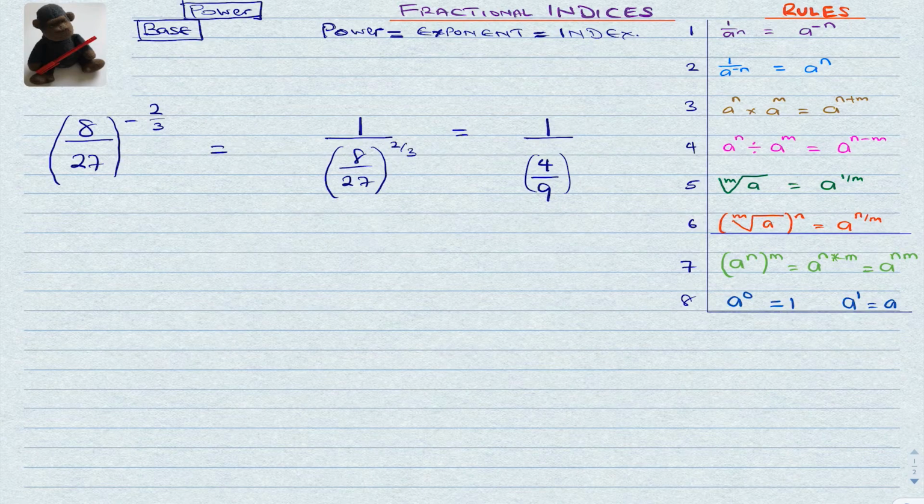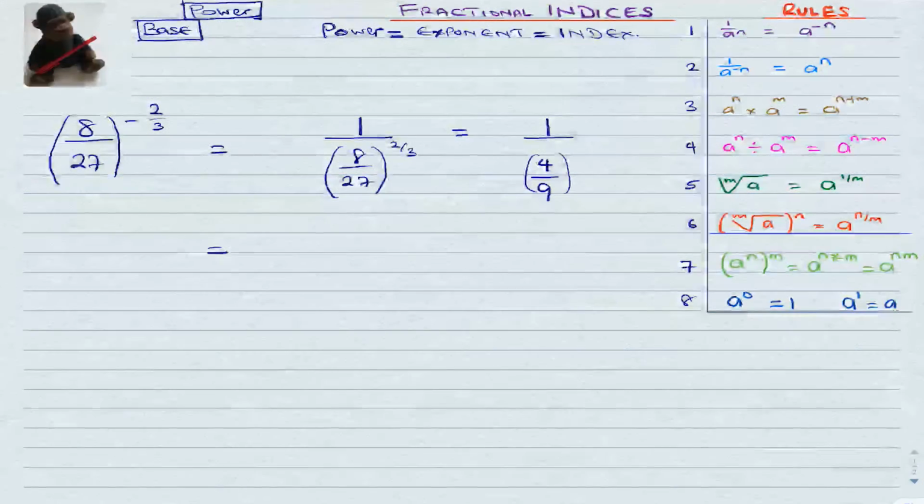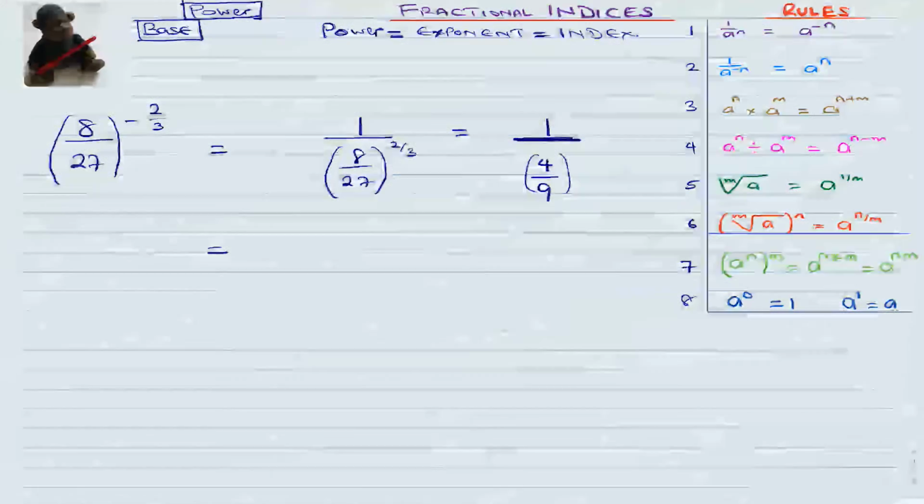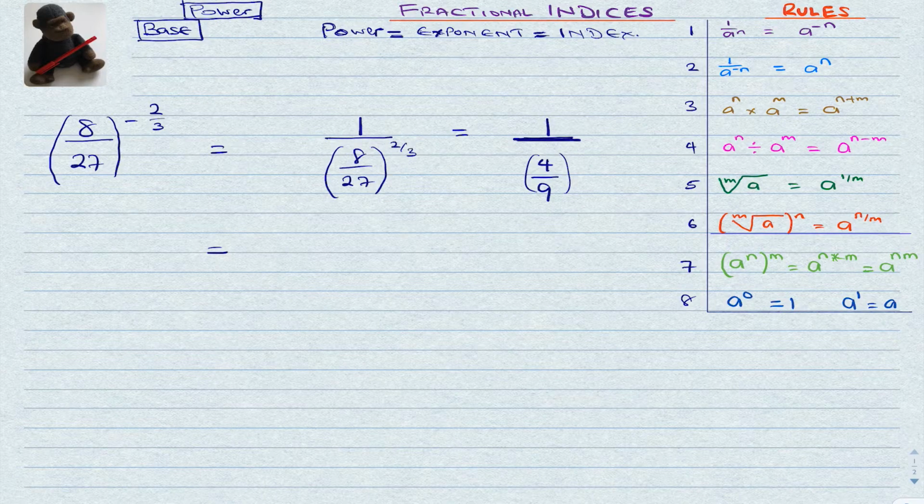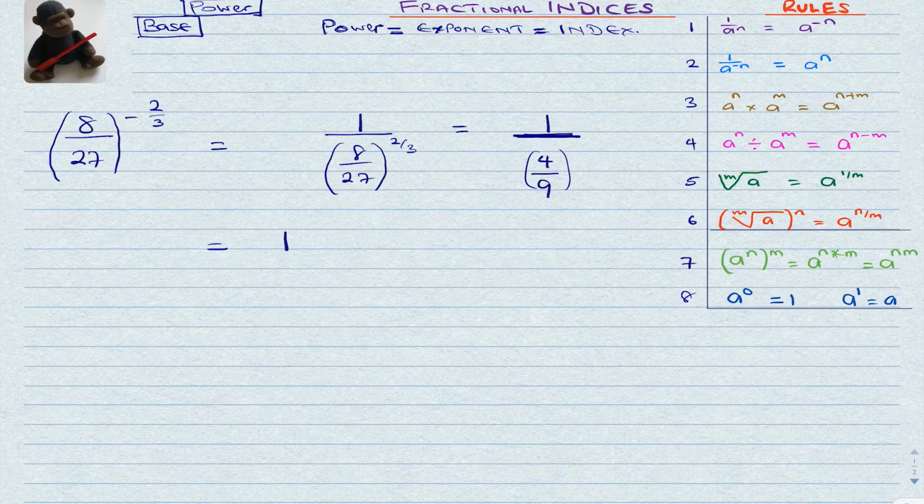Right. So 1 divided by 4/9. So what we then do is, because we can turn the divide into multiplication, that will become 1 times 9/4.